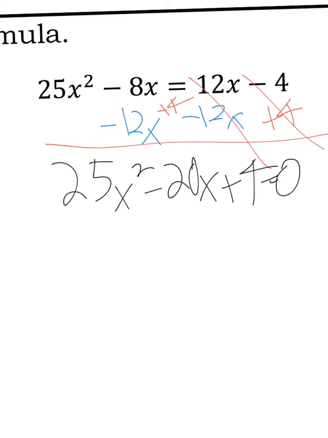Okay, so now let's label our A, B, and C. A is 25. Again, you can bypass this step if you feel like you don't need to do it. B is negative 20, and C equals 4.